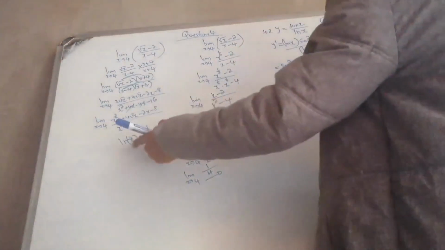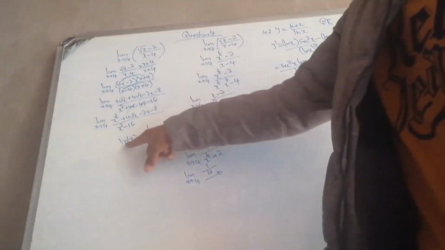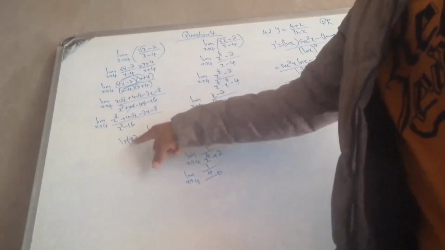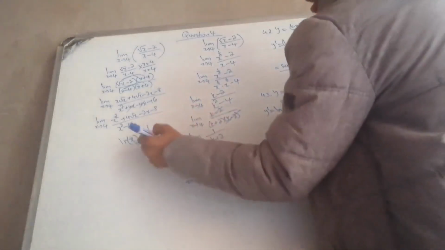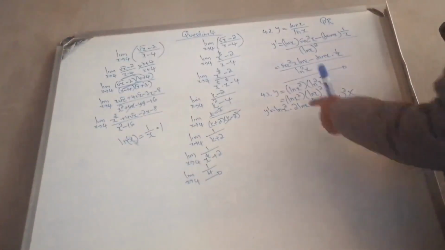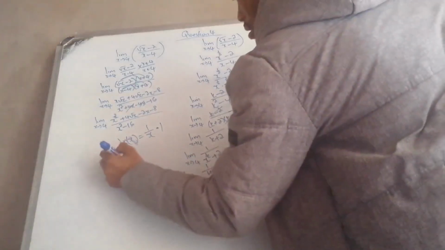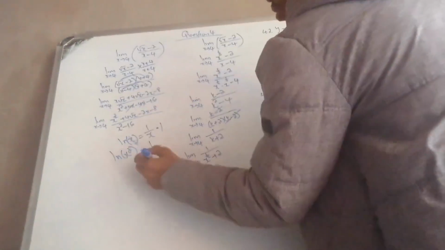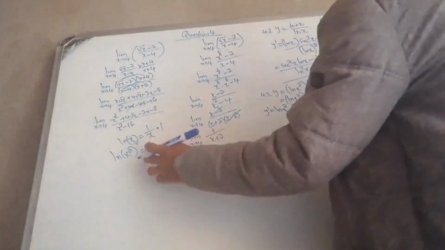So what we did here was that we say the derivative of ln x is 1 over, we hold the angle, and then we differentiate the angle. The derivative of x is 1. That's why it doesn't make any difference. But in here, the angle is x squared. So the derivative, you will say 1 over, you hold the angle, there it is, and then you differentiate the angle.